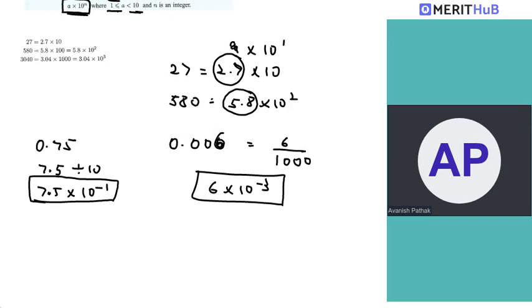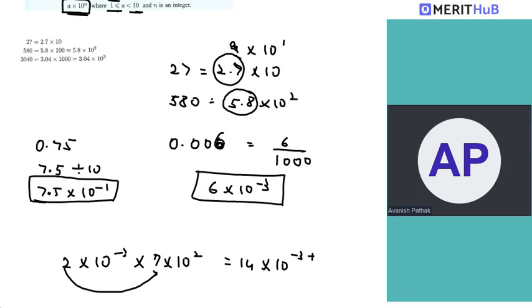Now, they can also give you a variation in these types of problems where they can ask you to multiply two standard forms. Suppose I ask 2 into 10 to the power minus 3 multiplied by 7 into 10 squared. What's the standard form of this? First multiply the digits, that's 14, and then multiply the powers of 10, so 10 to the power of minus 3 plus 2.